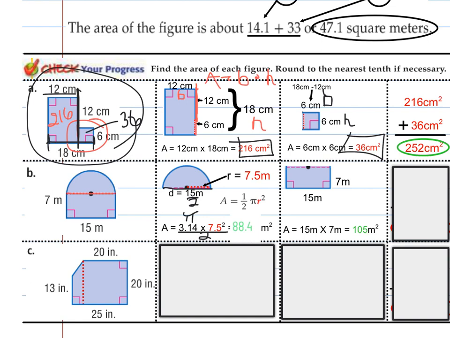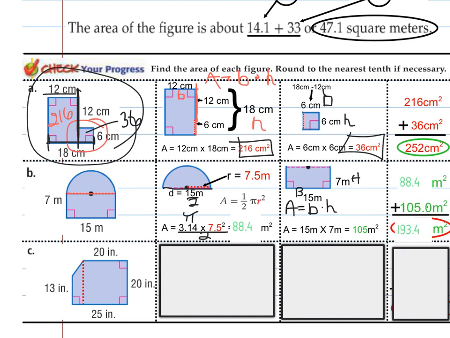The second shape is a rectangle or a parallelogram, which the formula is A equals base times height. The base is 15, the height is 7, so we're just going to plug those in. We get 7 meters times 15 meters, which is 105 meters squared.